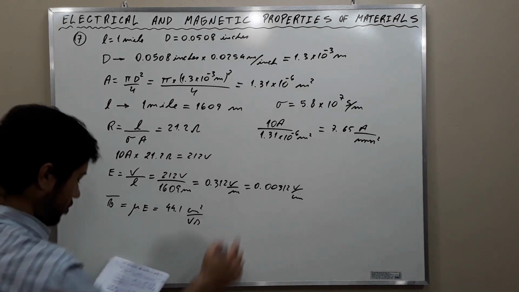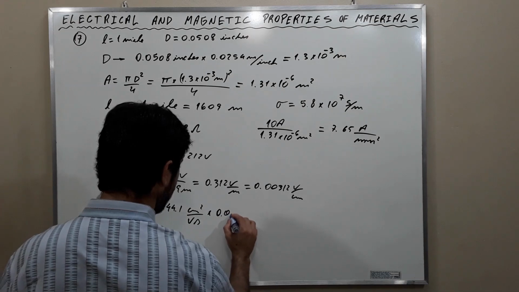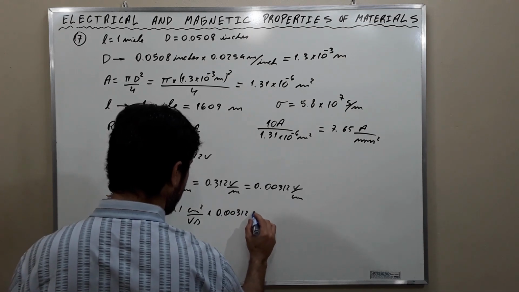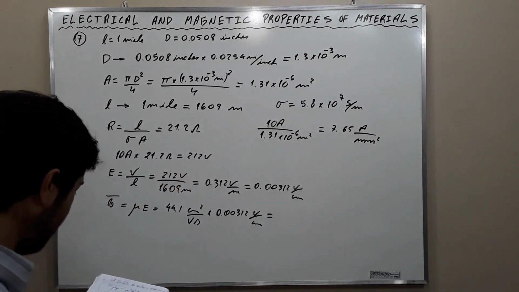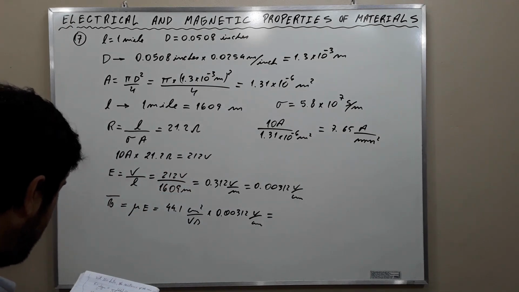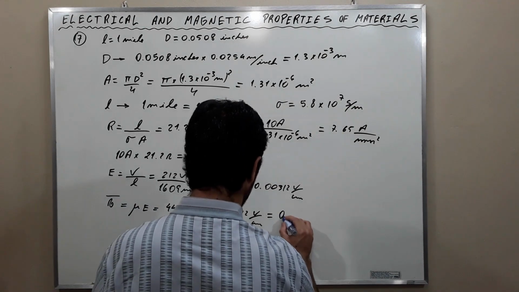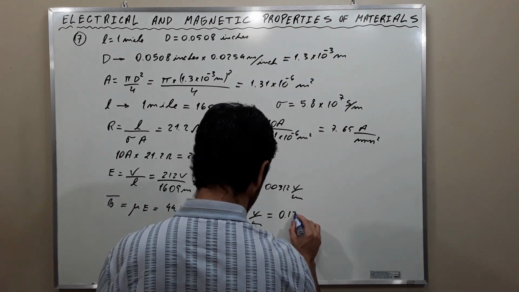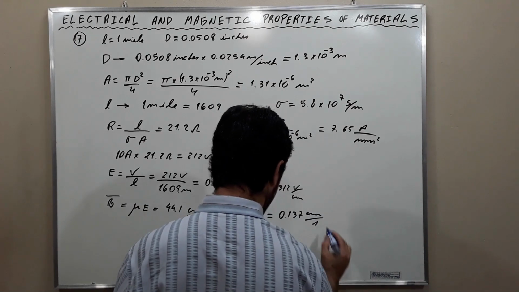Then we just multiply this value by 0.00312 volts per centimeter, and we find an average drift velocity in copper of 0.137 centimeters per second. Okay?